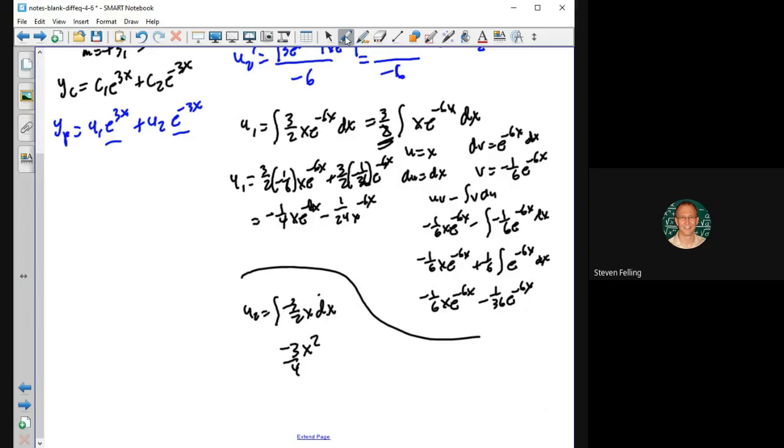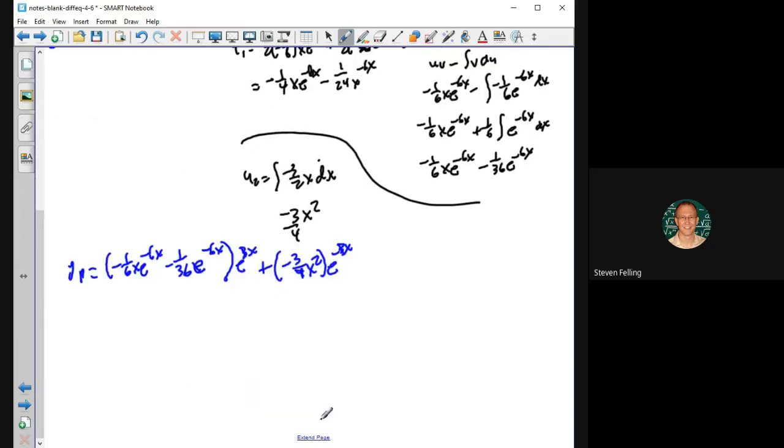And then that means that our particular solution is going to be, so yp, well, let's do it down here. yp is going to be u1, which is negative 1/6 x e to the negative 6x minus 1 over 36, just e to the negative 6x, and that's going to be times an e to the 3x. And then plus u2, which is negative 3/4 x squared times e to the negative 3x, which I feel we can do some simplifying there.